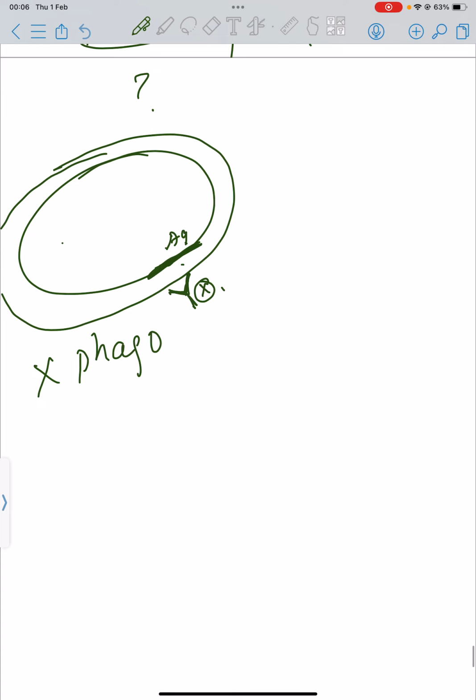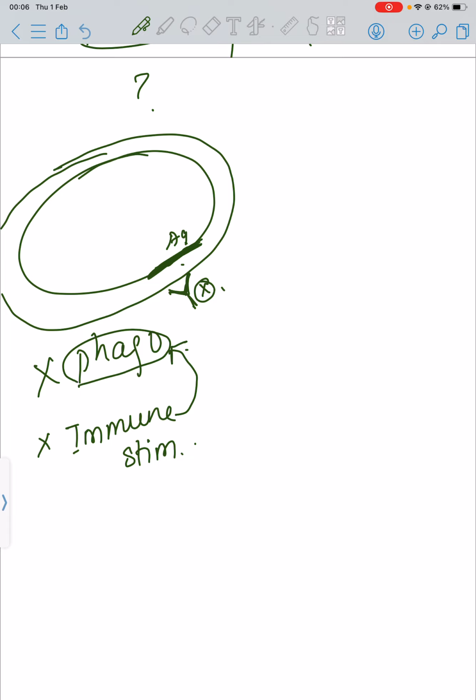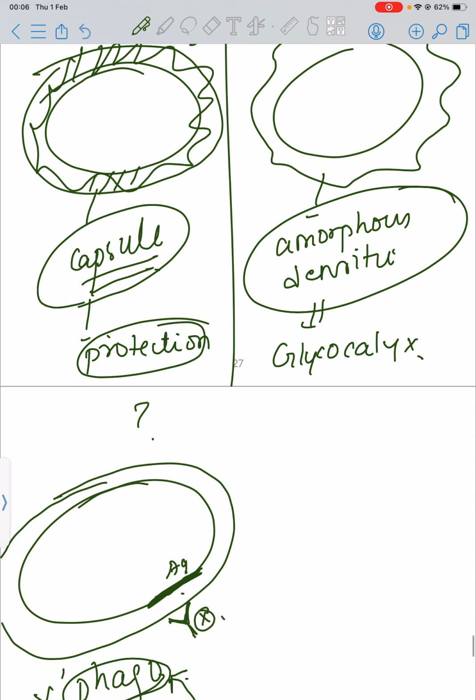So there is no immune stimulation, and because of that there will also be no phagocytosis, because the phagocytes or cells like macrophages cannot phagocytose a capsulated bacteria. So two things: anti-phagocytic, and no immune stimulation. So capsules are for protection of the bacteria.